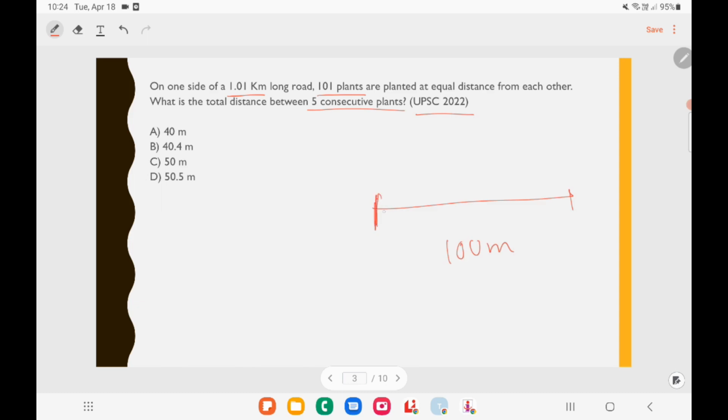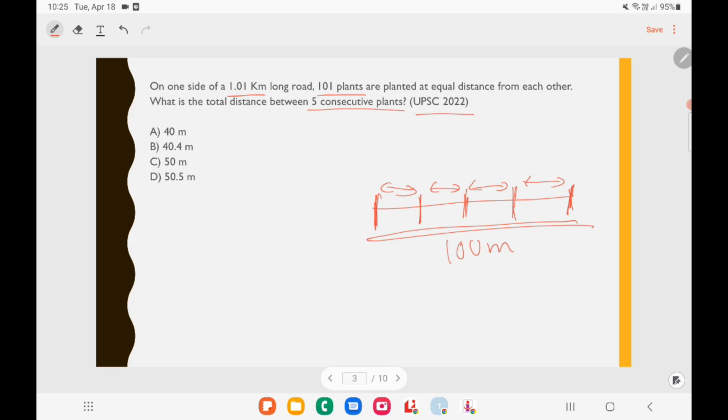One plant I planted here, 2, 3, 4 and 5. So I planted 5 plants equidistant from each other. If I planted 5 plants like this, there will be 4 distances between them. This is the first distance, second distance, third distance, fourth distance.